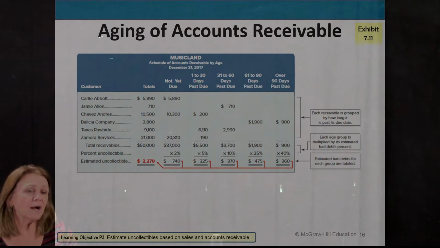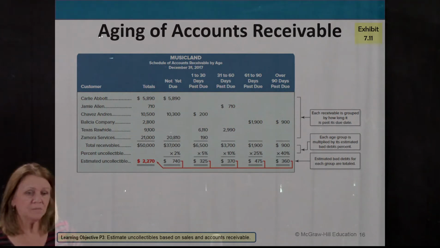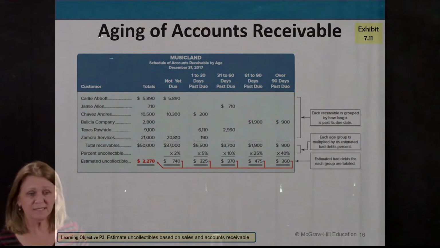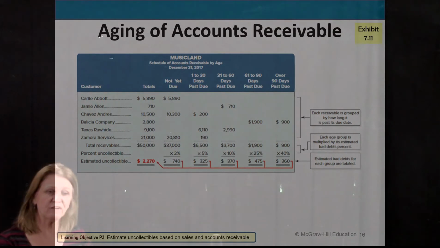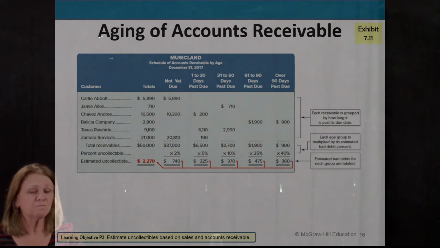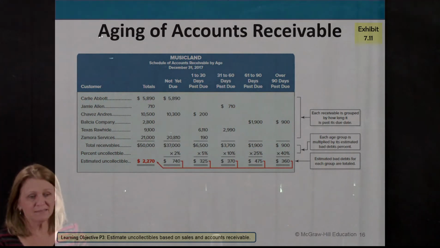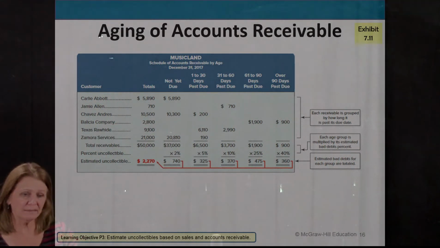Now, the longer a debt becomes past due, the less likely it is to get paid, and less likely it is to get paid in full. So if you look at this chart, if it's current, they say we're probably not going to collect 2% of that. If it's 1 to 30 days past due, 5%; 31 to 60 days past due, 10%; 25%; and then on up to 40%. So that $900 that is over 90 days past due, there's not a high probability that we are going to be able to collect those funds.